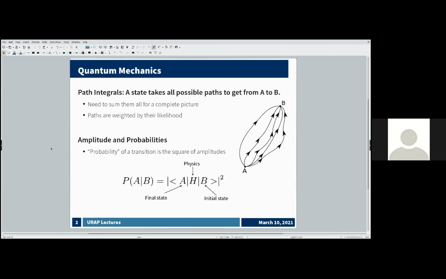Wait, sorry, really quick. What would be an example of an amplitude in physics? Sure, I'll try to show some examples later once I show the Feynman diagrams, but you can think of, let's say, B, the initial state, as two quarks with certain energies before a collision. And A being whatever final state comes out of that collision that you're interested in.